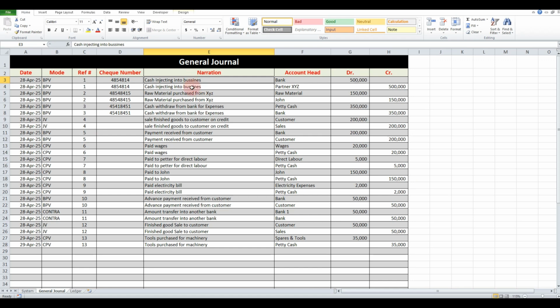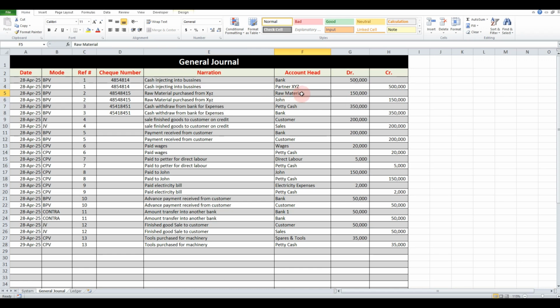Now, the first entry says cash injected into business bank. It's an asset account, so it will be debited. Partner is an equity account, it will be credited. Move on to the second entry. Here, raw material purchased from XYZ. I have purchased this raw material on credit basis.